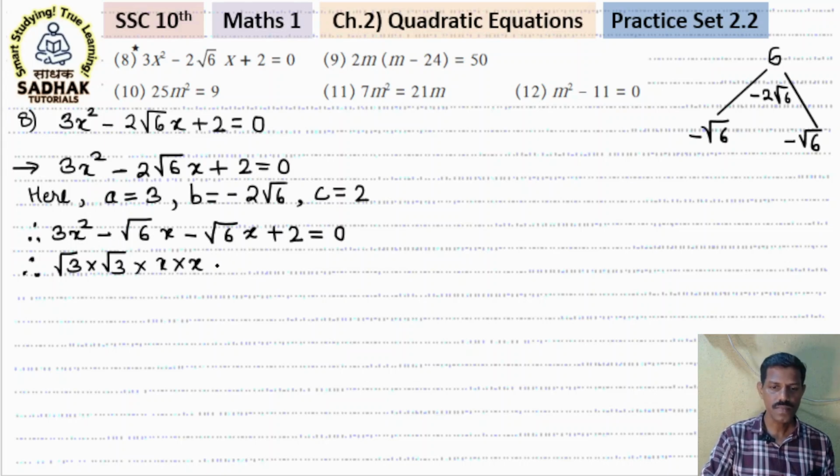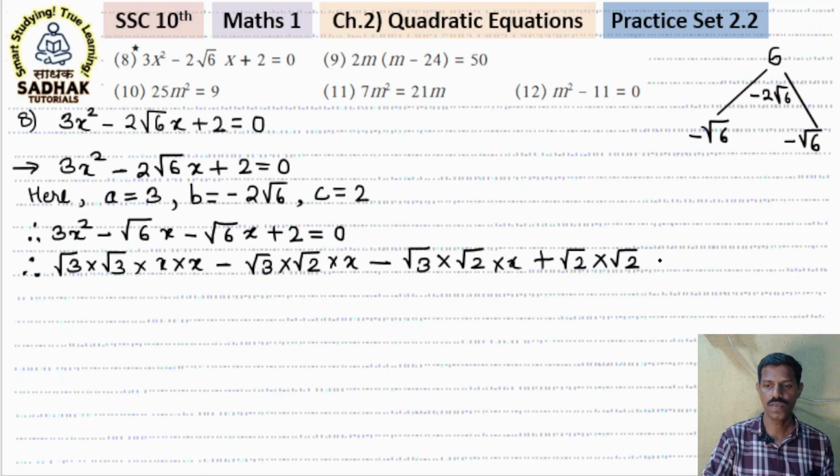Then this −√6 I can write as √3 multiplied by √2, and then multiplied by x. Same way this √6 x also I can split. And this +2 also we can write in root form, as √2 multiplied by √2. All of this is equal to 0.